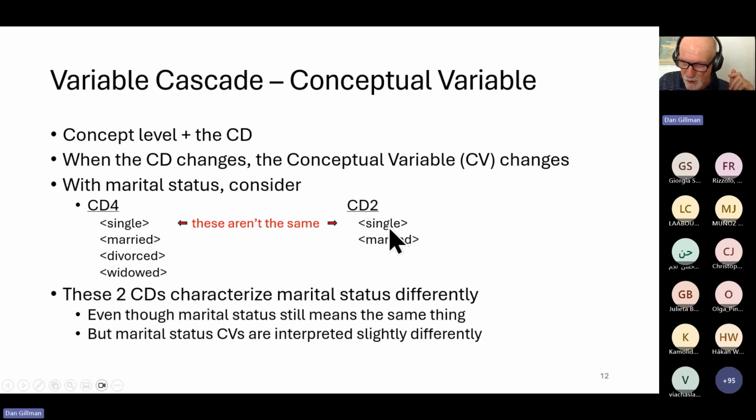Because in the two category set, single means not married. In the four category set, single means never married. So these two categorizations categorize marital status differently. And so in the context of these two different conceptual domains, we interpret the basic meaning, the concept meaning of marital status slightly differently.